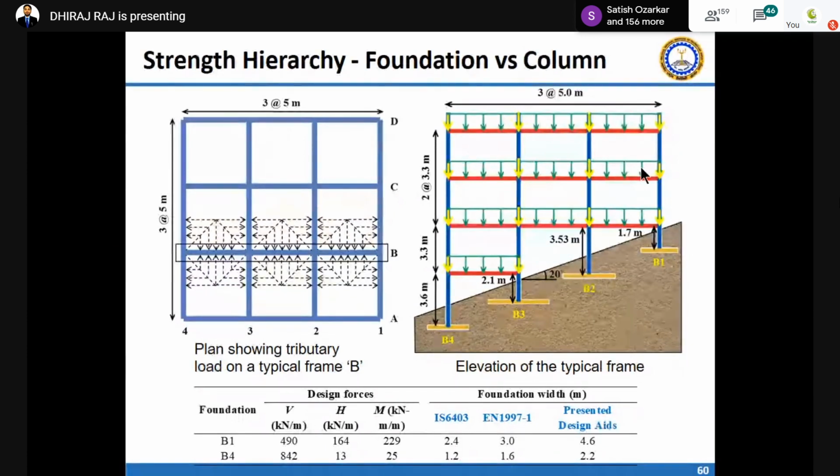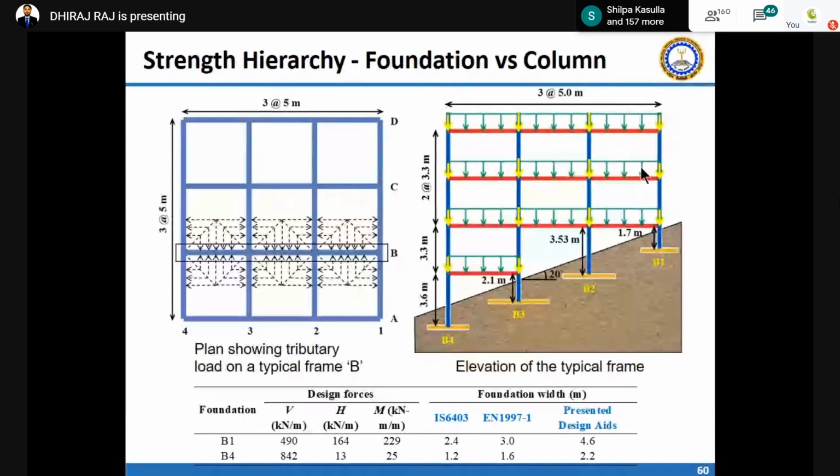So the hierarchy of strength of the components of the structure should be that the foundation should be greater than the column, and that should be greater than the beam and other components. So how do we achieve this? This is actually the objective. This objective you cannot achieve with conventional design.